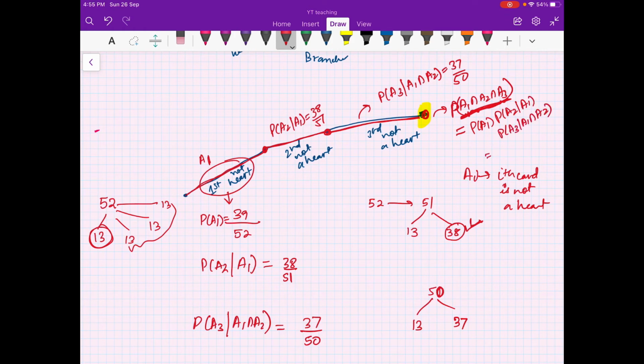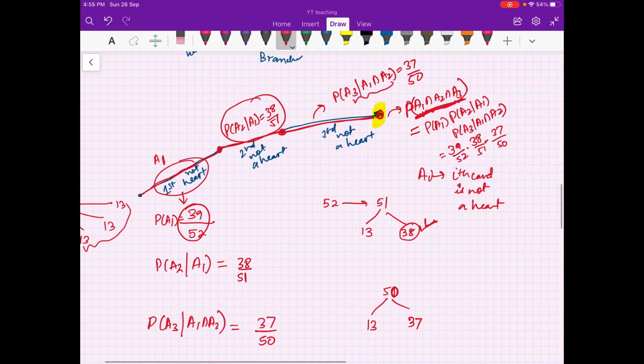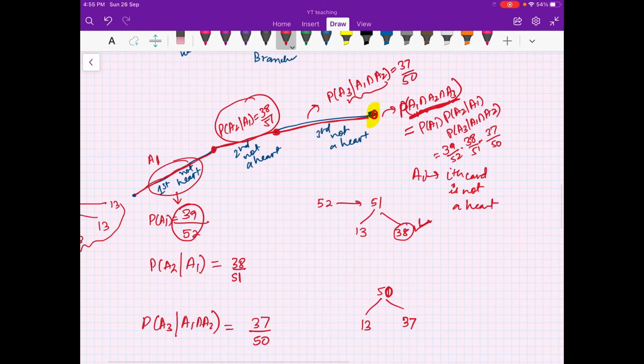So this is equal to 39 by 52, then 38 by 51, and then 37 by 50, right? You can just do the computation to get the answer. Is that thing clear? So this is how you are going to use the multiplication rule for computing the probabilities.